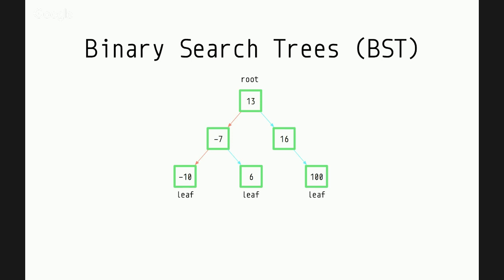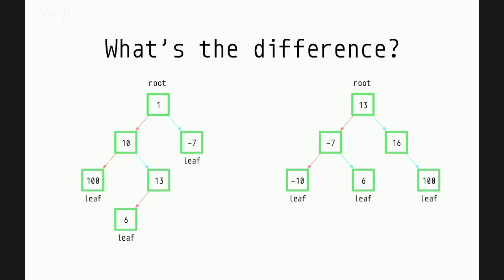Okay. So what's the difference between these two things? Obviously they're different shapes, but that's not really what I'm talking about. In the first one, the relationship between the parent and the left child, and the parent and the right child, is non-existent. There's no relation between these two things at any step in the tree.